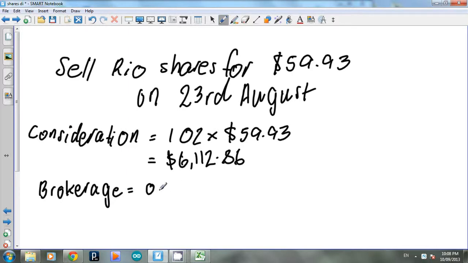So the brokerage will be 0.02 times that figure, which will be $122.26.